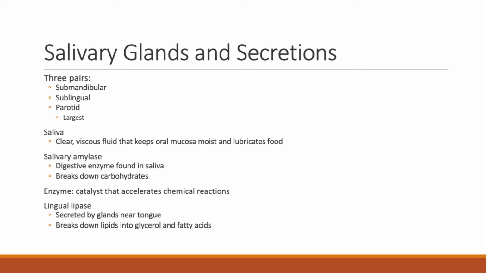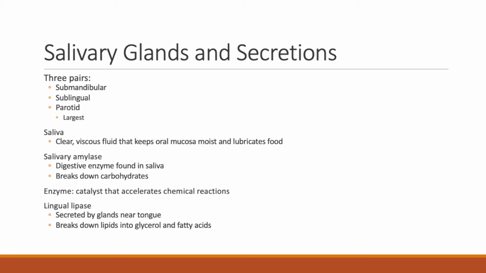Salivary glands and secretions, there are 3 pairs. Submandibular, so under your jawline, sublingual, and parotid, which is the largest. Sublingual would be under the tongue. Saliva is a clear, viscous fluid that keeps oral mucosa moist and lubricates your food.